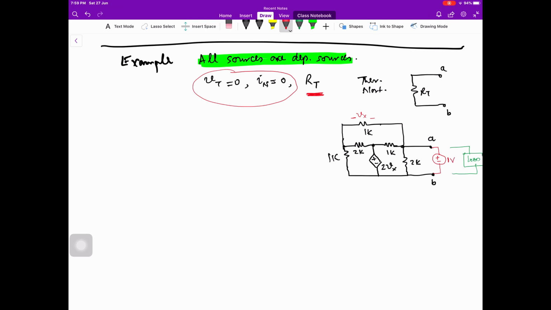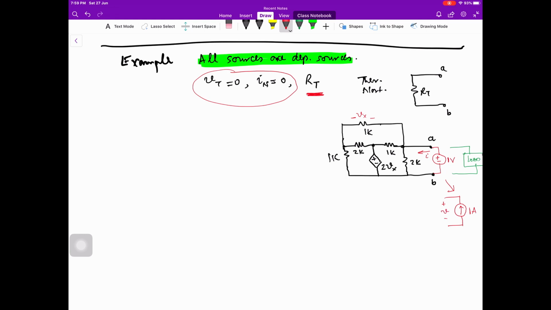Note that here we can also use a test current source, and the value of the current is 1 ampere. We use a 1 volt source or 1 ampere source to simplify calculations, and then we find the current over here. If we have a current source, we find the voltage over here.